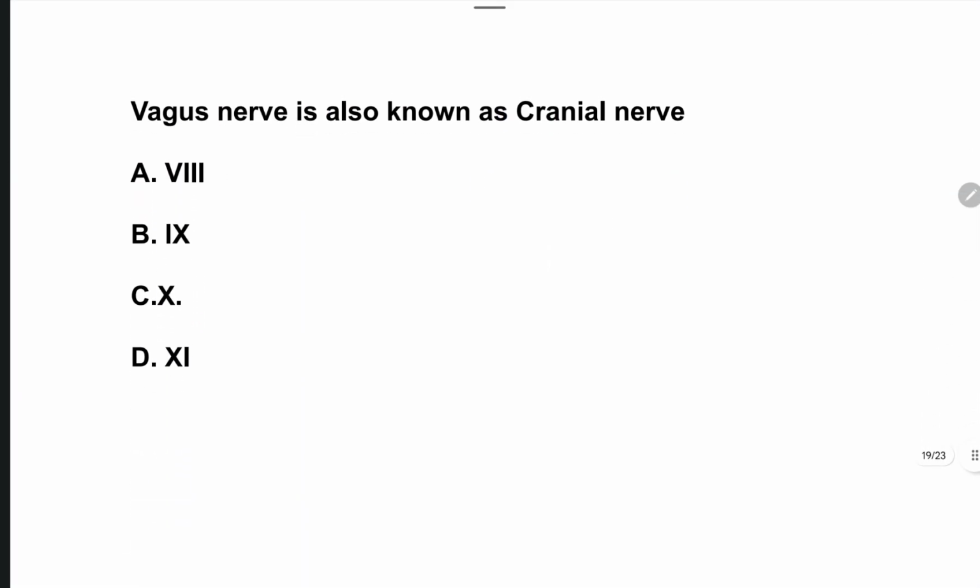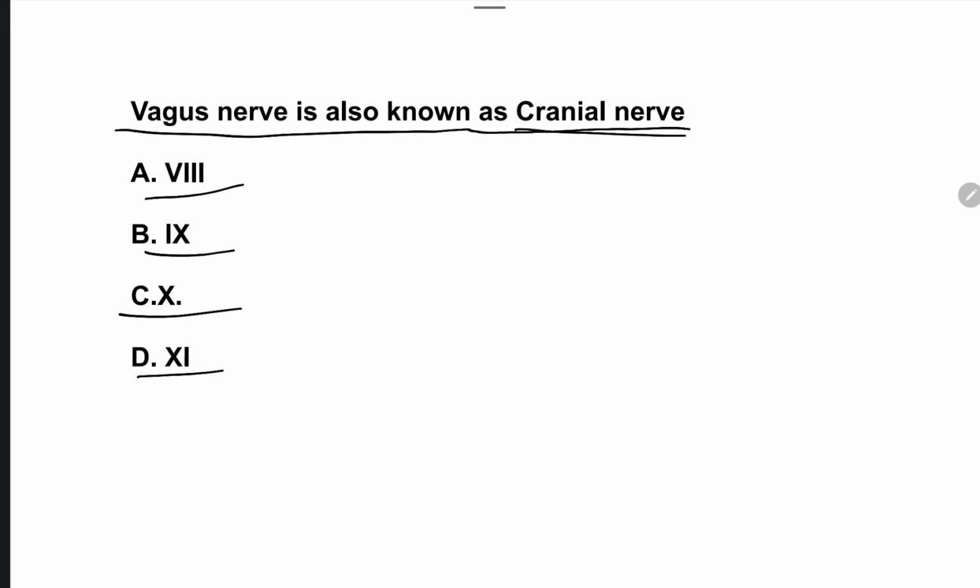The next one is the vagus nerve is also known as which cranial nerve. Options are 8th, ninth, 10th, and 11th. The right one is option C. Option C, the 10th cranial nerve, is the vagus.